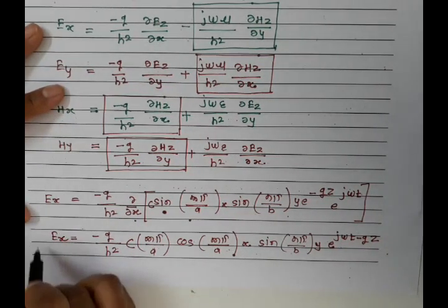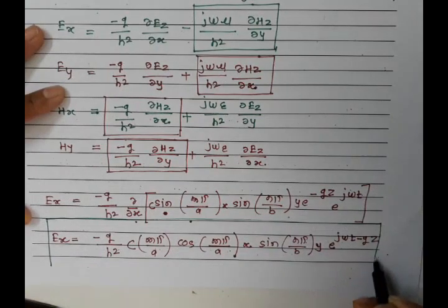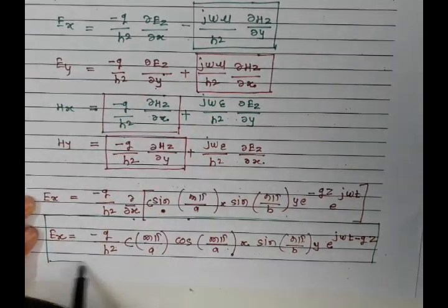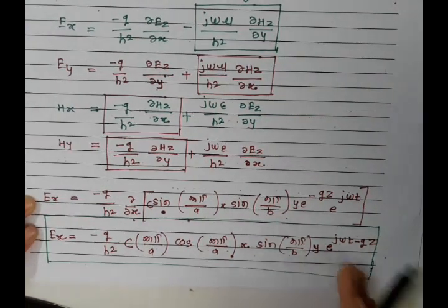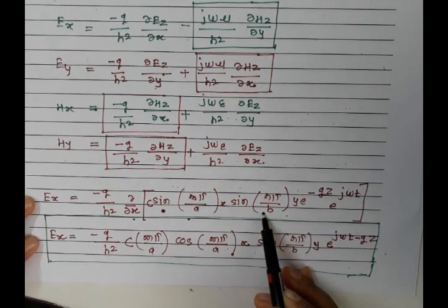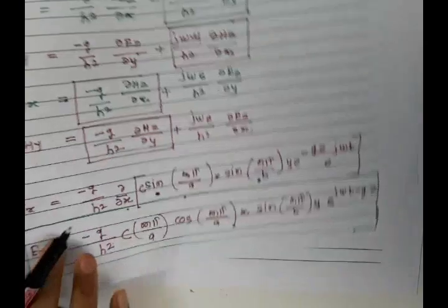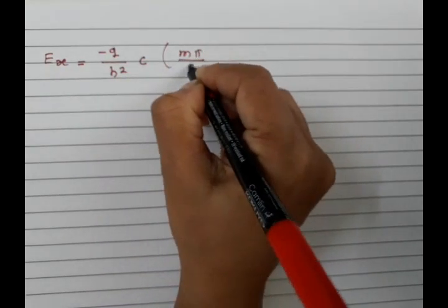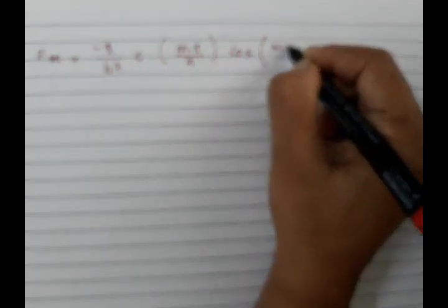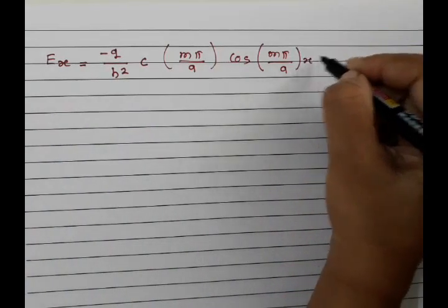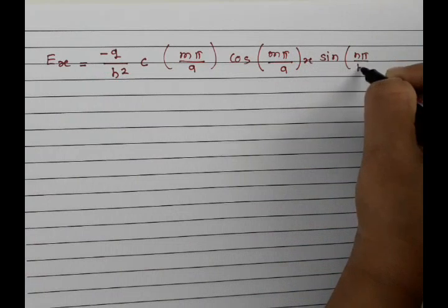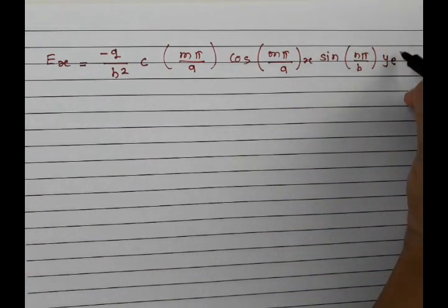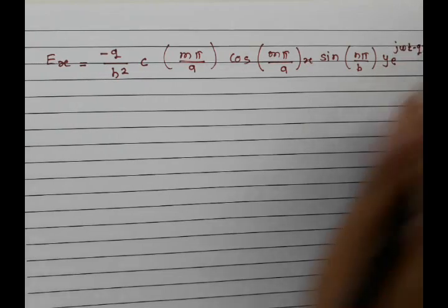Similarly, if you put the value of this Ez here and differentiate with respect to y, this component will remain as it is, but the sin of n pi by b y becomes cos. So I am again rewriting the Ex component. Ex is equal to minus gamma by h square c m pi by a cos m pi by a x sin n pi by b y e raised to j omega t minus gamma z.